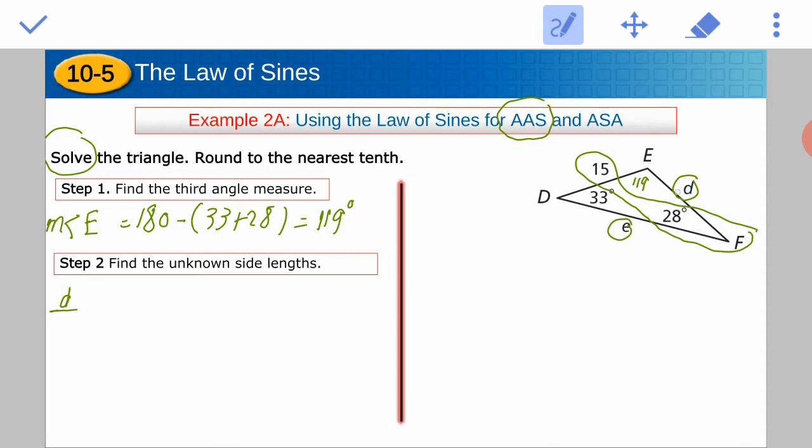So d over sine angle d is equal to the key ratio, side f over sine angle f. I'm going to substitute later, guys. Now if you substitute the information you have, d is our unknown, over sine 33, since angle d is 33, is equal to side f, which is 15, over sine 28, the opposite angle.